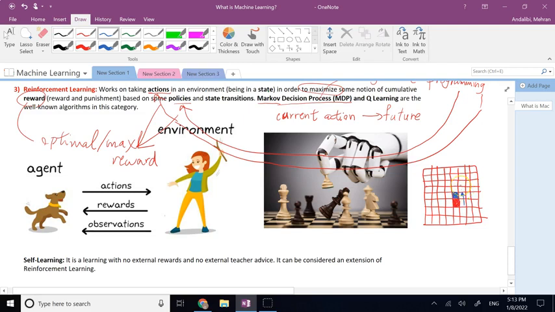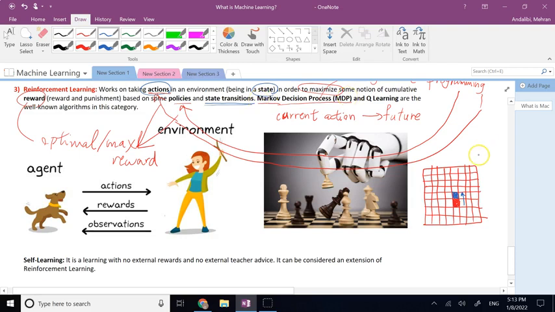So when the transitions are deterministic, and you can tell definitely, if I give you the state and the action, where your next state is or how your transition is going to happen exactly, that is where the Markov decision process can help.